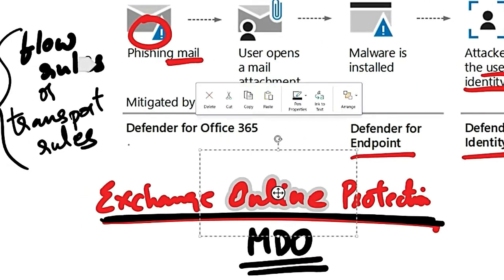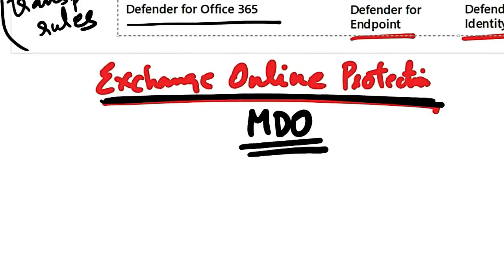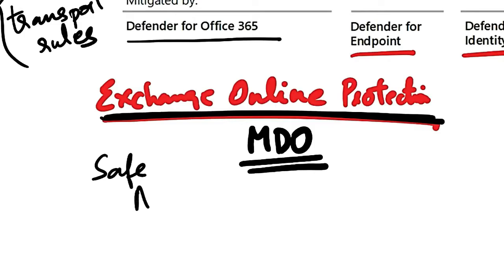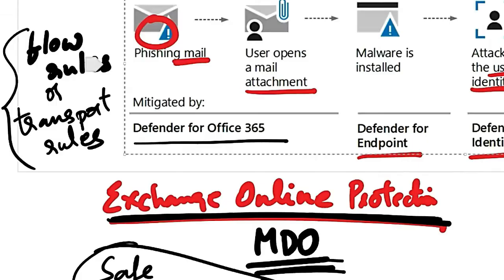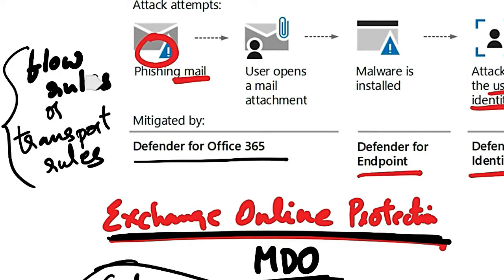And then Microsoft Defender for Office uses something called safe attachments, which will test these attachments and determine whether they are harmful or not harmful. And if it is harmful, based on how you have set up your rules, either the user cannot do anything with that email attachment, or it never gets delivered to the inbox at all.